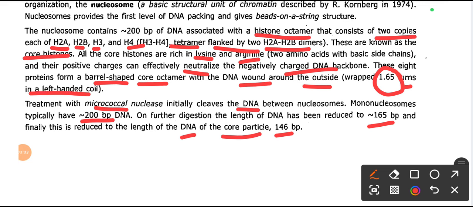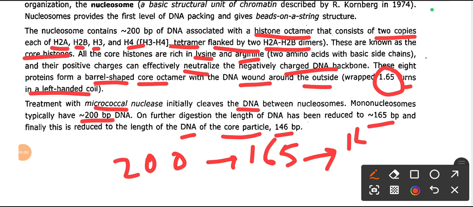So the DNA will be cleaved between the nucleosomes, and the 200 base pair DNA is reduced to 165 base pair, and finally to 146 base pair, the core particle.